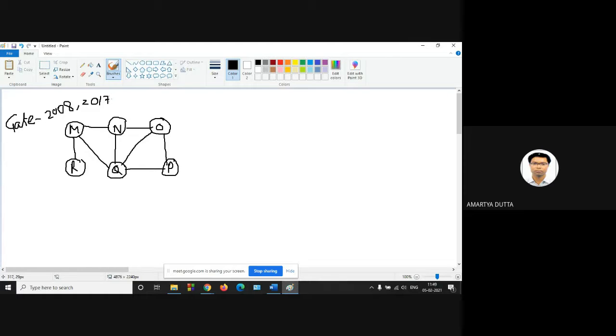It appears 2 times in GATE. So apply the breadth first search. Apply the BFS. So any idea? Anyone please? Let P be the starting vertex. How should I proceed?